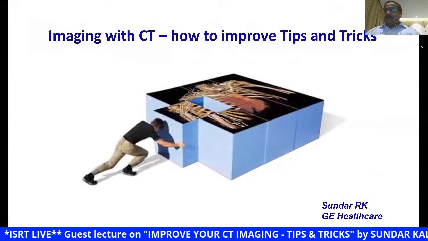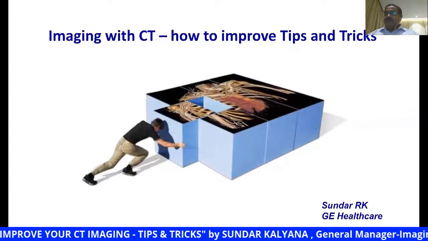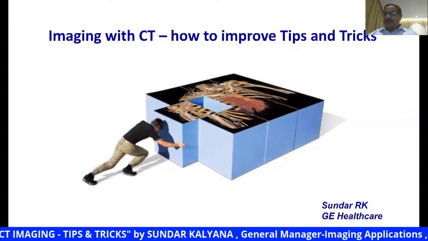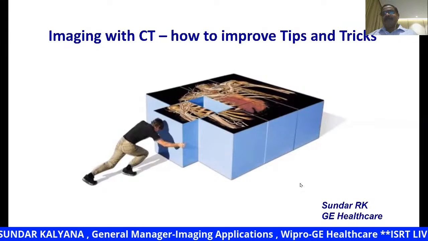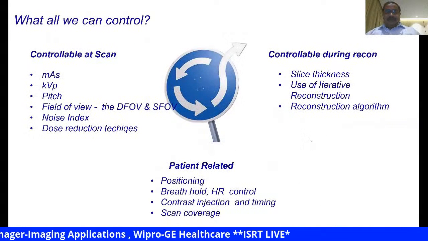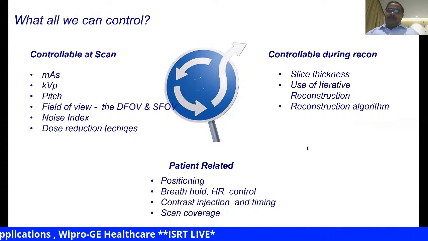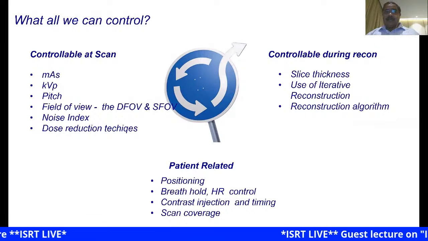Today's topic is imaging with CT, and how to improve it using some very simple, easy to follow tips and tricks. As you know, when you do a CT scan, there are many variables which you put as parameters during the scan.